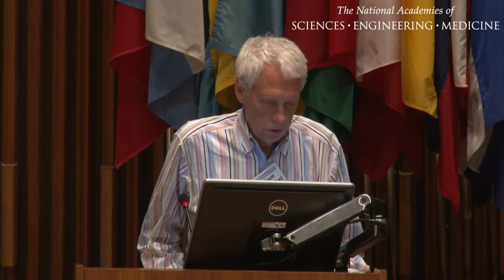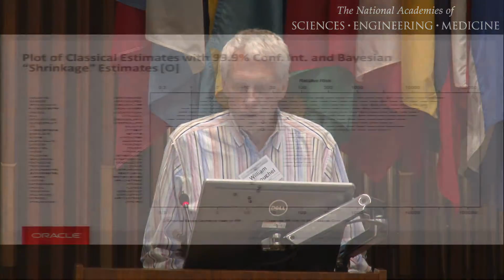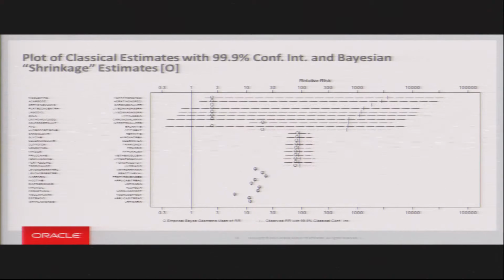This is an example. You don't have to read the fine print here, but each of these rows in this graph is one particular drug combined with one particular event. The rare combinations are put up there at the top. Typically, the ns in those top 10 have counts of only 1 or 2, and the little plus sign is the actual ratio of n divided by e, and the ones that I chose here are like 1,000 or even 3,000, but they might have been an n of 2 and an e of 0.001.